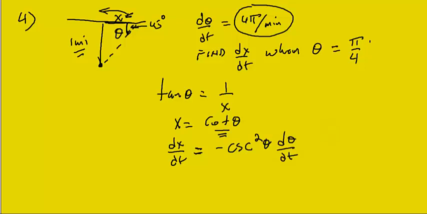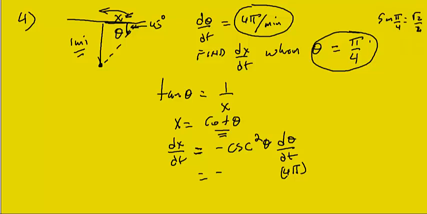Alright, so do I know what dθ/dt is? Yeah, that happens to be 4π. Do I know what cosecant is? Well, at π/4, cosecant is related to what trig function? Sine, right? What's sine of π/4?